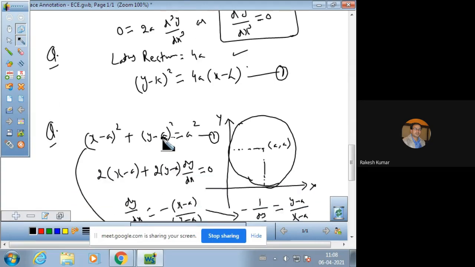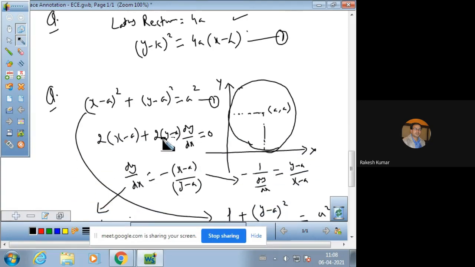Now the important one: you need to find out the differential equation of all circles in the first quadrant which touch the coordinate axes. So this is the first quadrant xy plane in which the circle is touching the x-axis at this point P and touching the y-axis at this point Q, and we suppose that the radius of this circle is a.